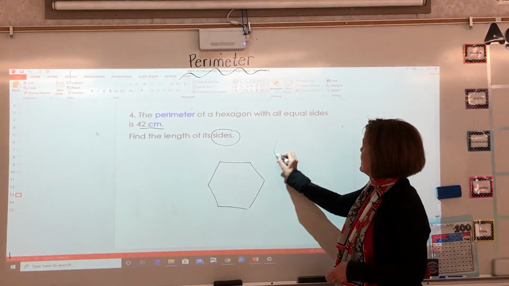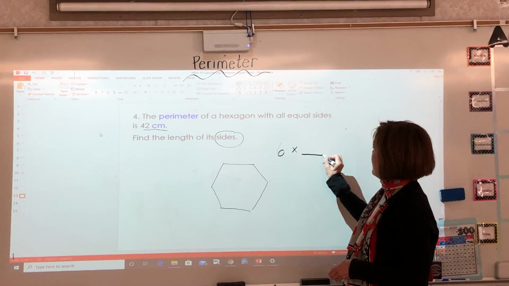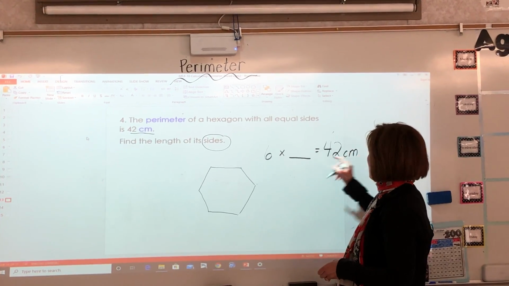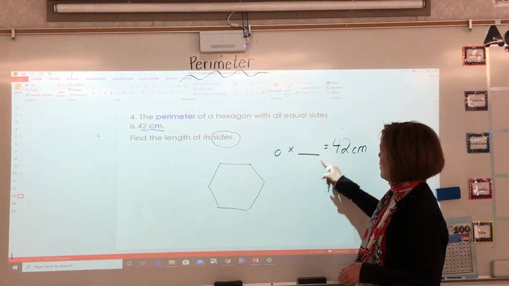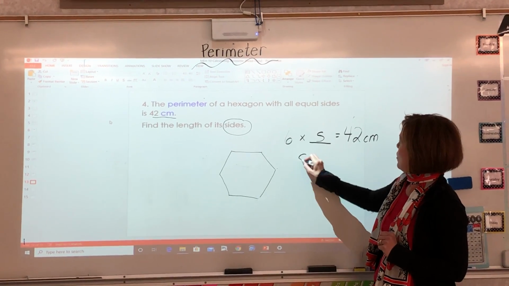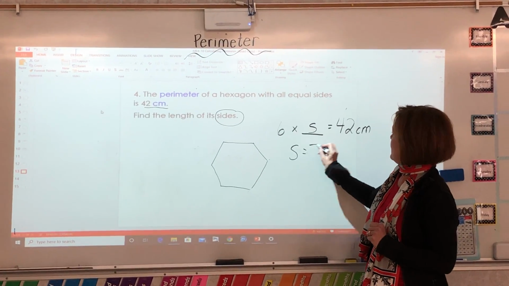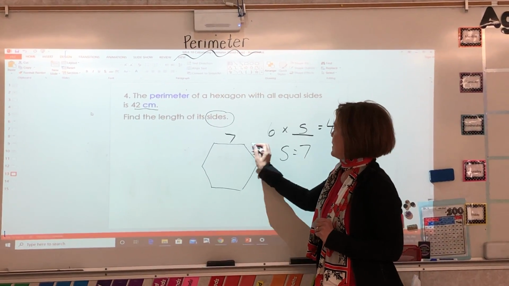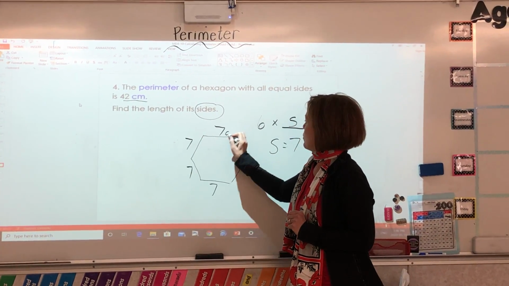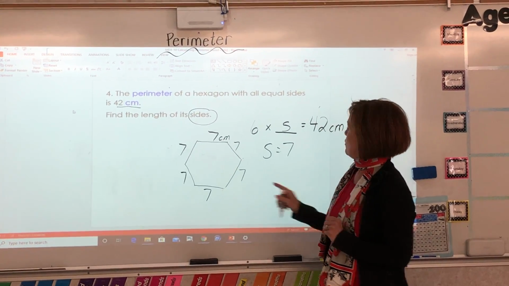I would say 6 times some unknown number equals 42 centimeters. What is the side length or missing part? And I'm just going to put an S. And I bet all of you know that 6 times 7 equals 42. So if I had 7 centimeters on each side, the perimeter would be 42 for this shape.